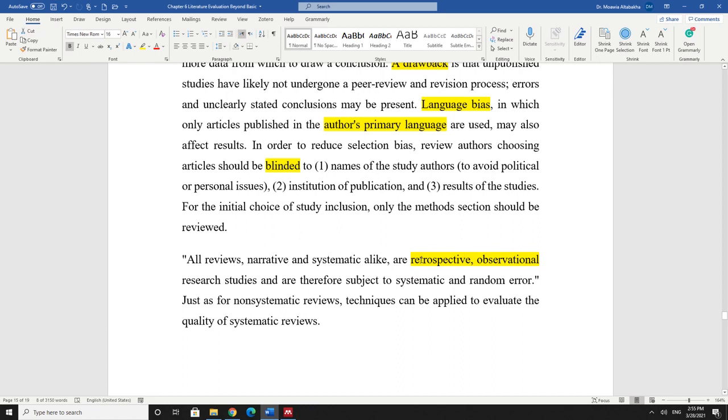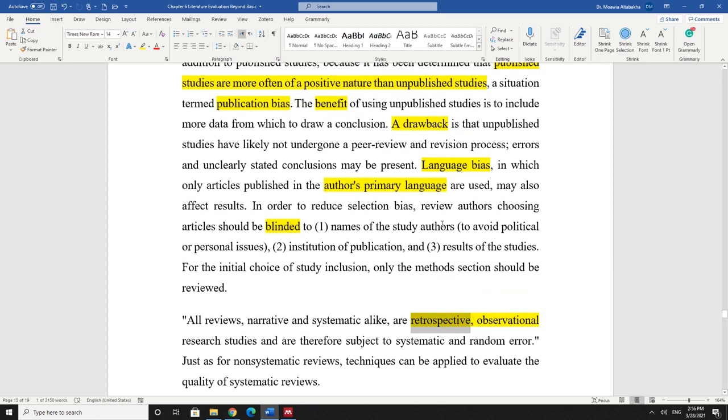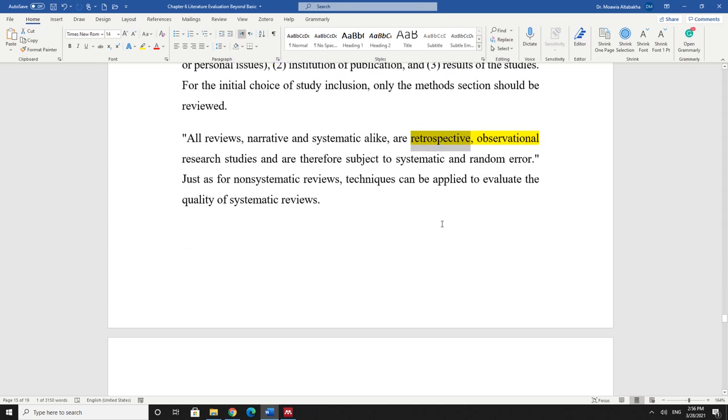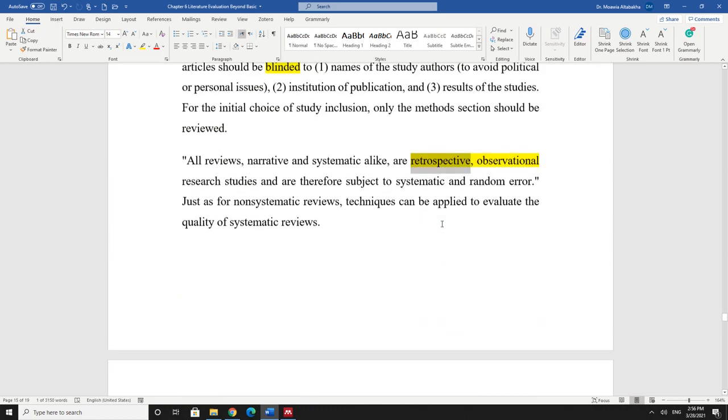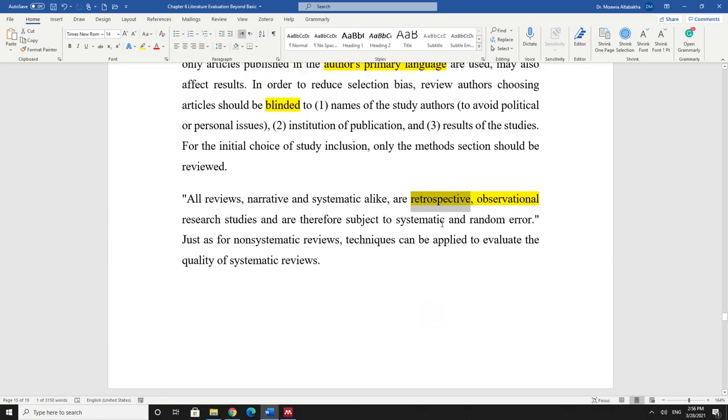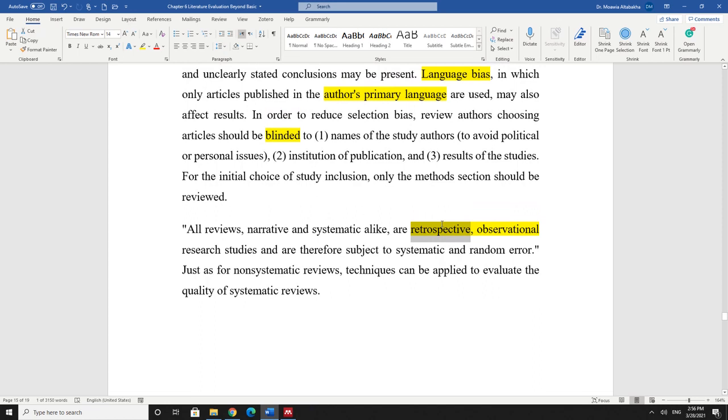Now, reviews are described as retrospective because you are looking at data that already exist, whether published or not published. Unpublished data, as I told you, can come from the manufacturer, maybe from another investigator, etc. But of course, there is controversy regarding the inclusion of something that is not published.